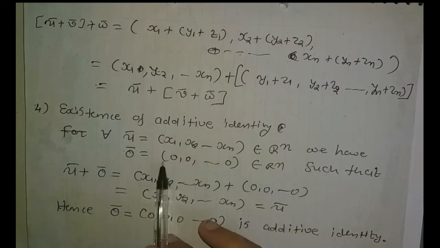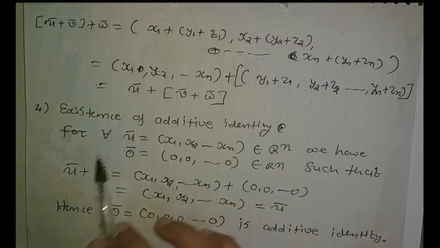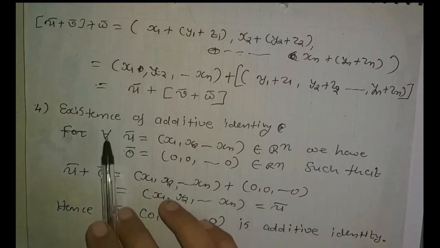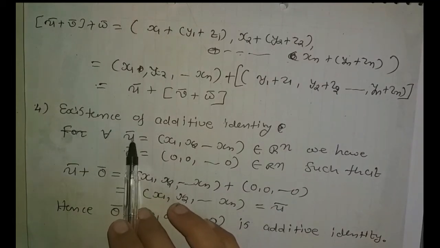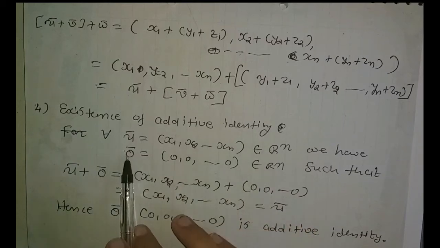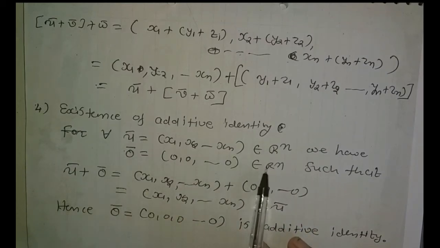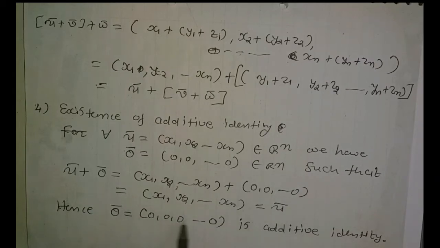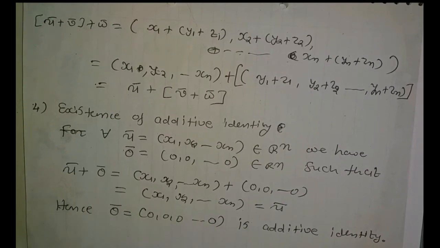Now when we add 0 bar to u bar, u bar plus 0 bar, we get the answer u bar. So for any u bar belonging to Rn, we have a vector 0 bar in Rn such that u bar plus 0 bar is again u bar. So 0 bar is the additive identity, meaning the zero vector.